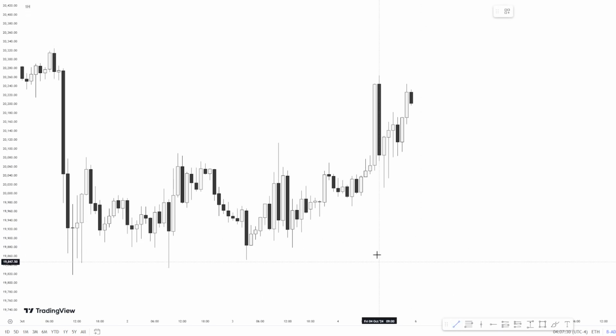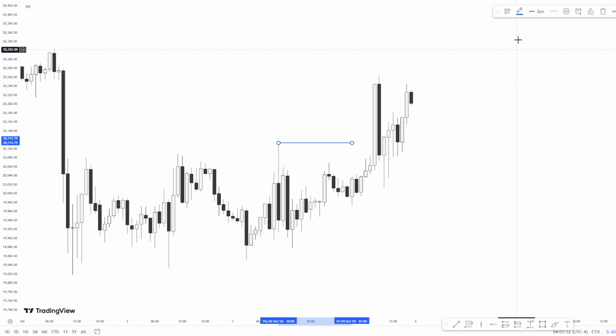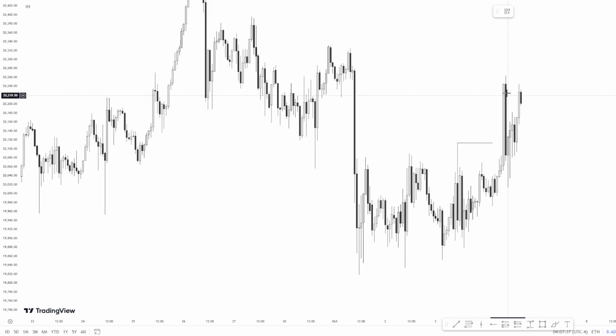And for Friday, I was looking for this high to get run out, which we did. So I wasn't going to take a short here because I mentioned when Tuesday or Monday makes the intra-week high or low, I won't be trading away from that.